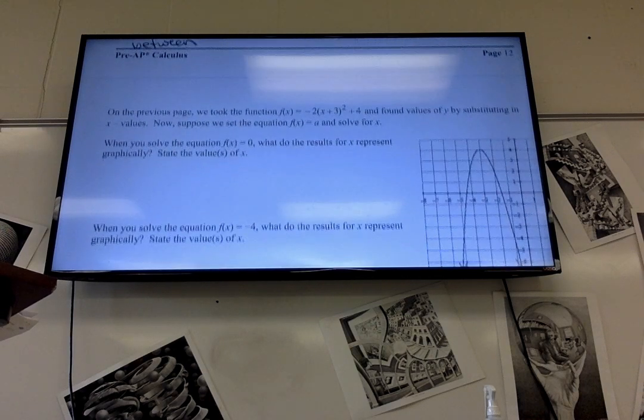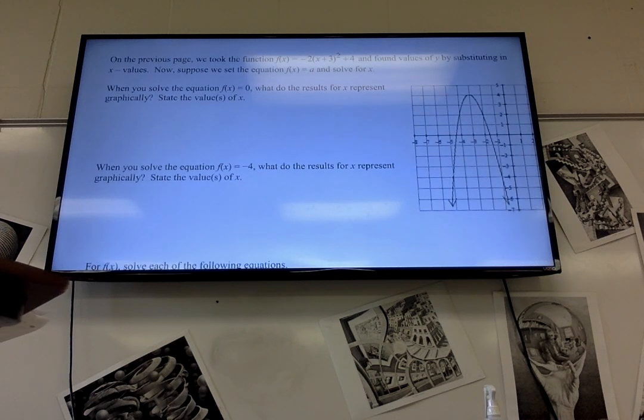Now we're going to take the equation, the f of x, and instead of plugging in a value for x, we're going to set it equal to some number. So we're going to set f of x equal to 0, and what is that going to represent graphically? When f of x equals 0, what is that on this graph?